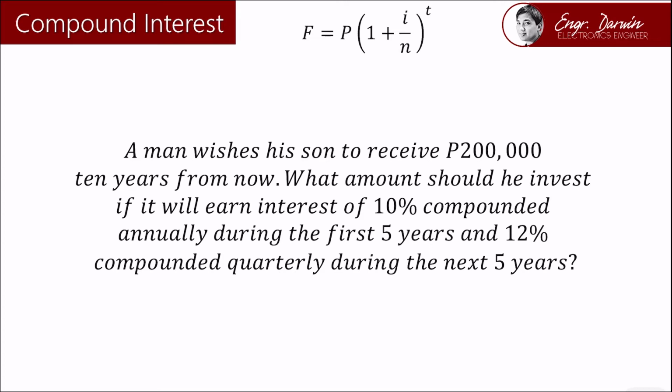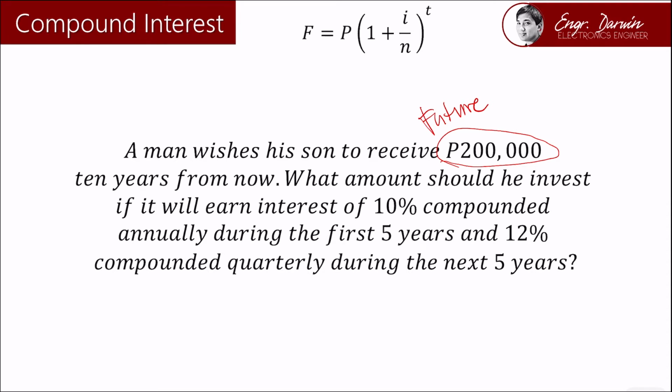Okay, so let's have the important information that we can see in this problem. Number 1 is your 200,000 peso is actually your future amount. Dahil gusto ng father na makakuha yung kanyang son 10 years from now, this amount of 200,000 pesos.